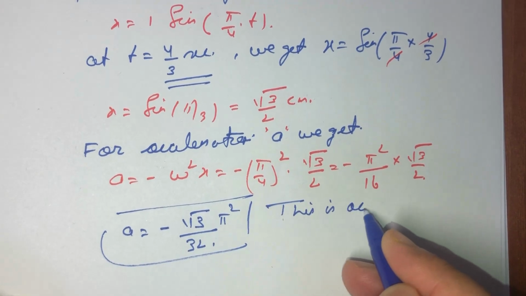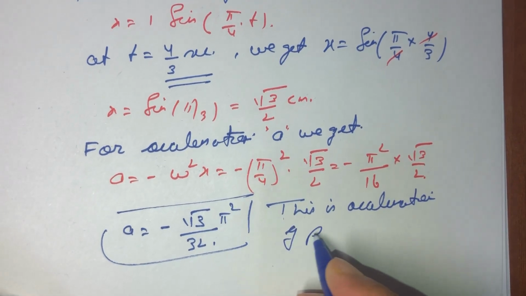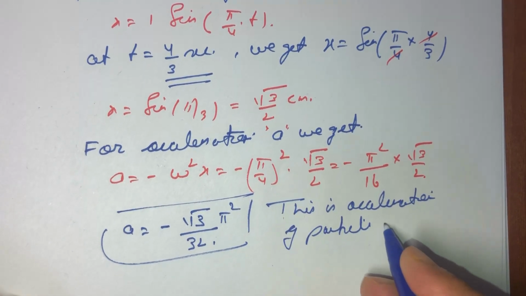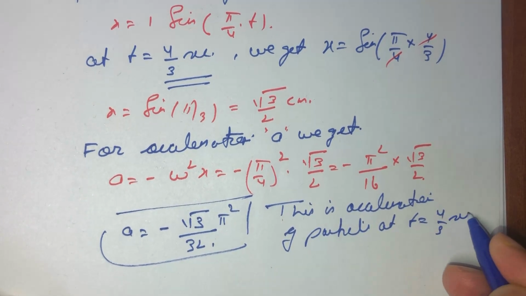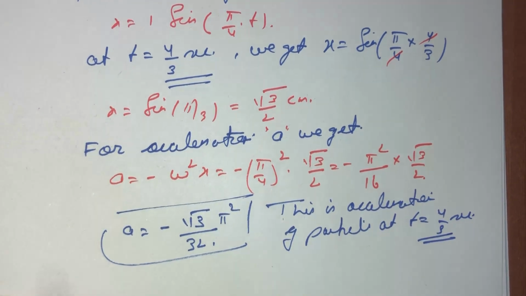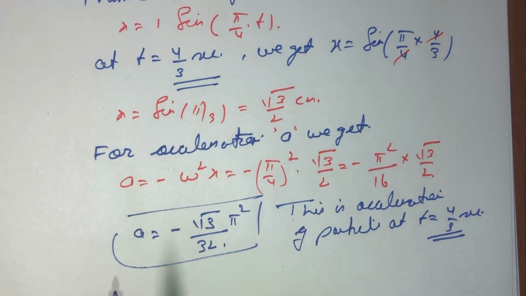This is the acceleration of the particle at t is equal to 4 by 3 seconds. Now we can do the same question in a different way also.